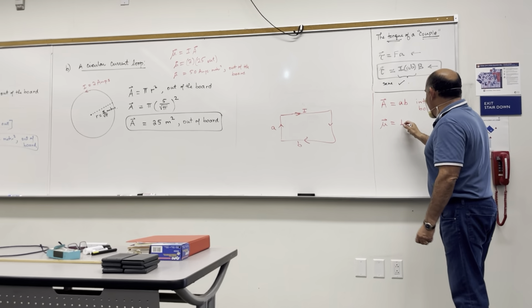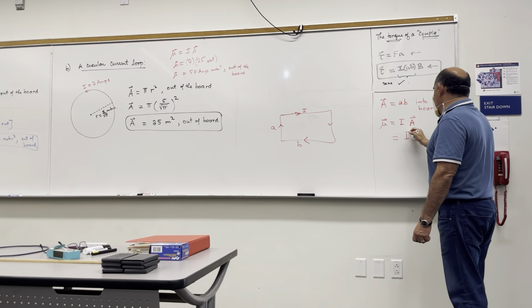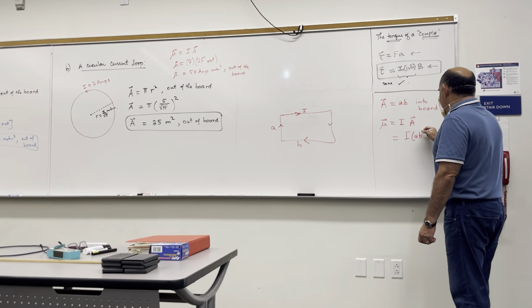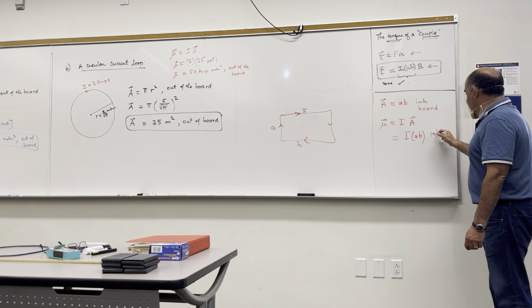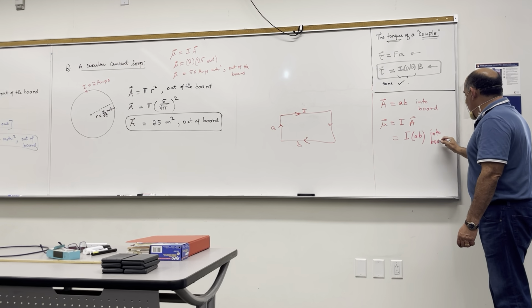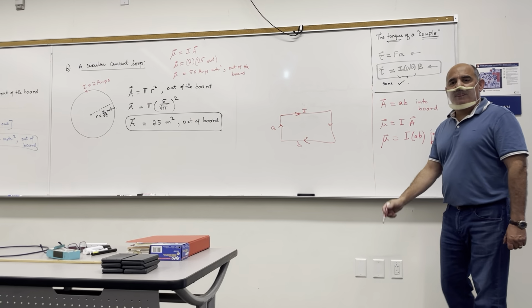It would be the current I multiplied by that area vector, which would be I times AB. But as a vector, it's in the same direction as the area vector, which is into the board.